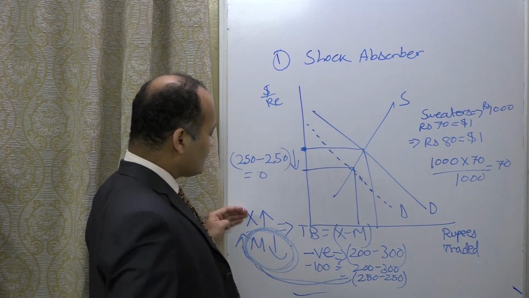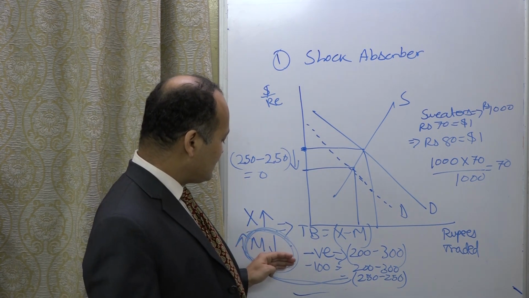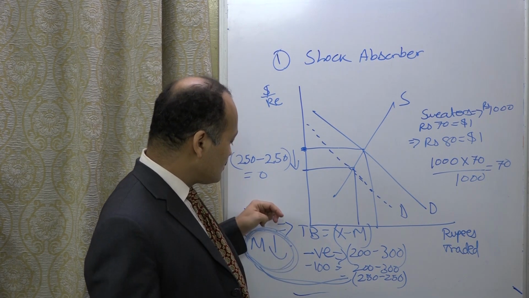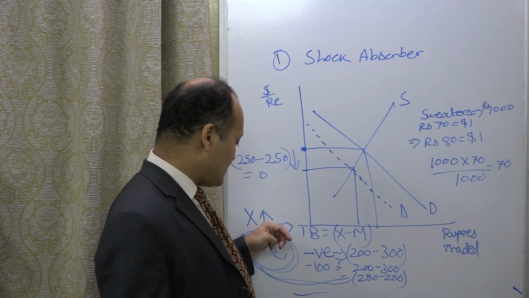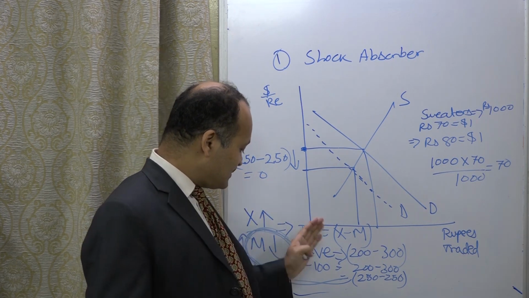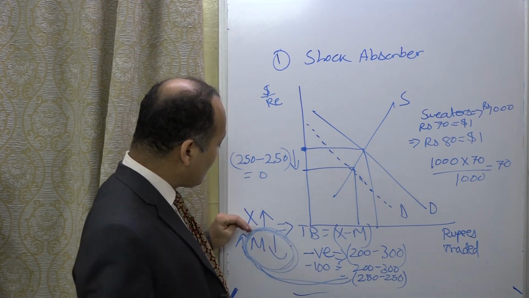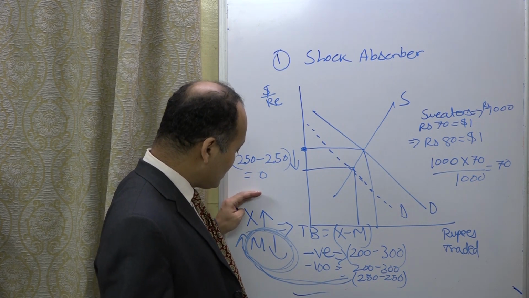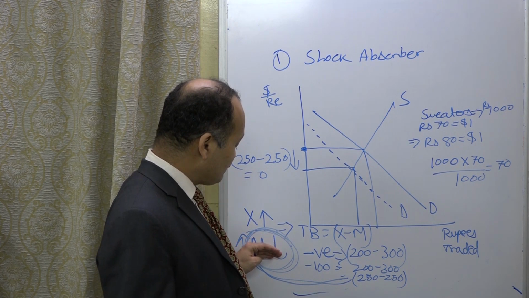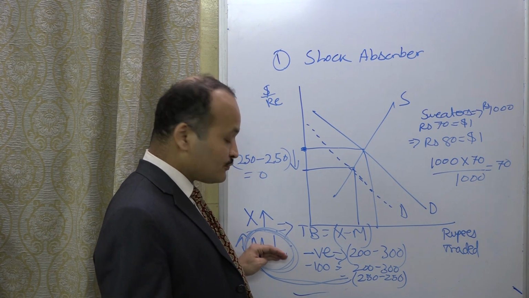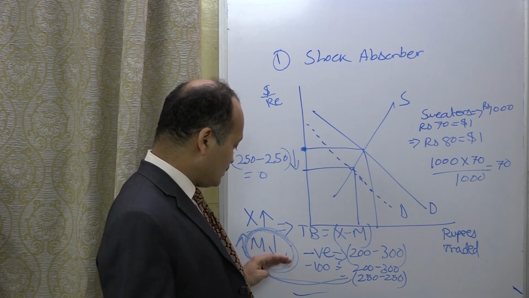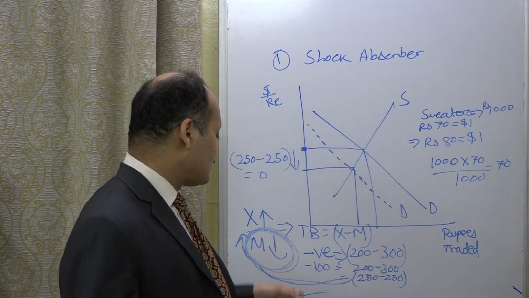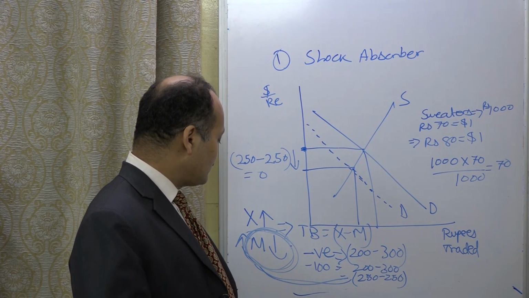And because we are in a situation where M is always higher than X, we have a trade deficit all the time. So our increase in exports following a depreciation will not be adequate to counter the imports, which in any case are not coming down. So whether a depreciation is really helpful for the Indian economy?